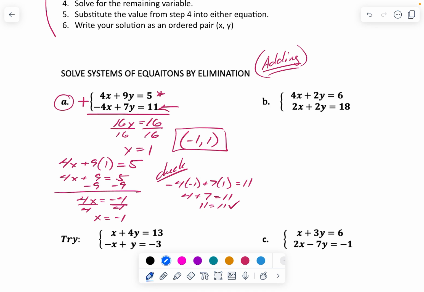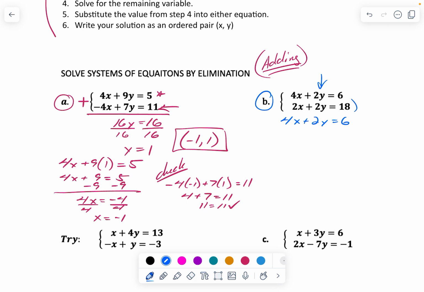Now, for my second example here, for part B, notice if we add these together right now, nothing will cancel out. But this right here is close. If only one of them was negative, we would be all set. Well, let's keep the first equation the same.